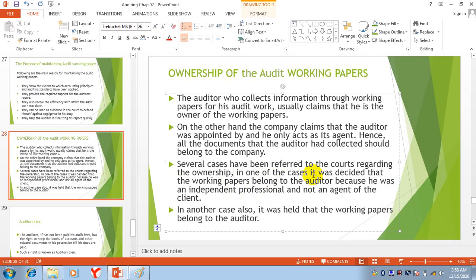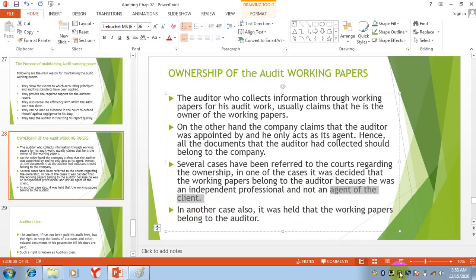In one of the cases, it was decided that the working papers belong to the auditor because he was an independent professional. Because this audit is an independent audit, he is an independent professional and not an agent of the client.